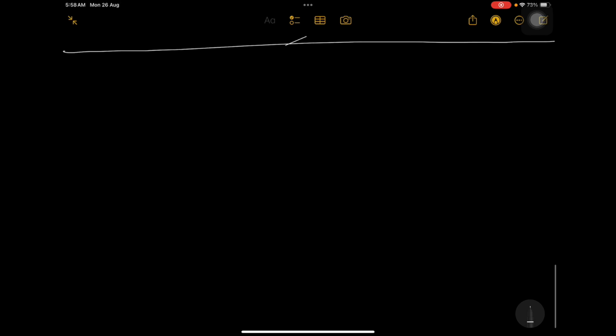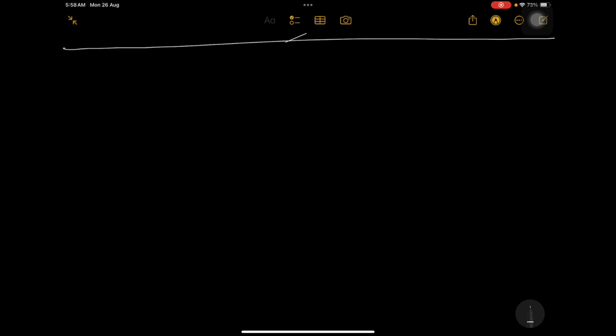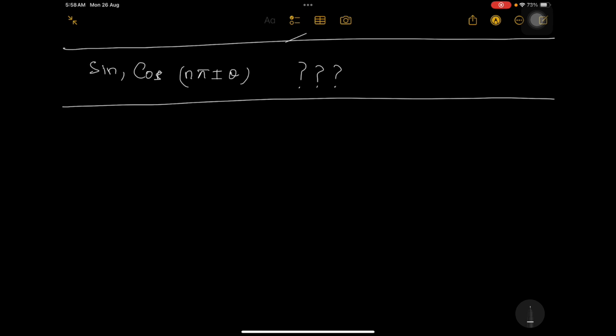So go to the session 4, and I have explained how to easily find out the values with cos n pi plus or minus theta, sine cos values. I have explained this one in the last session, so I suggest you to go to that video and find out how I explained it.